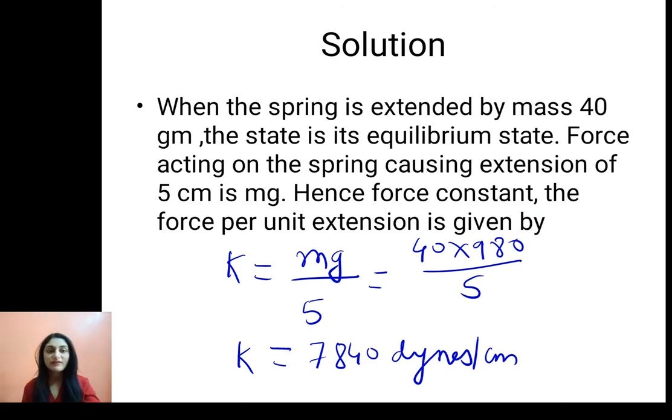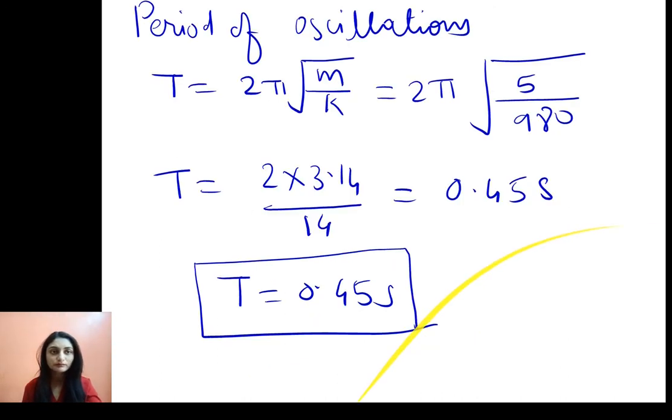Next we calculate the period of oscillation. The period T equals 2 pi by omega, and omega is root k by m. So T equals 2 pi under root of m upon k.